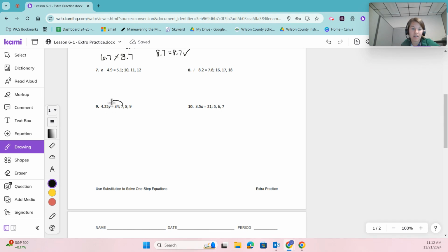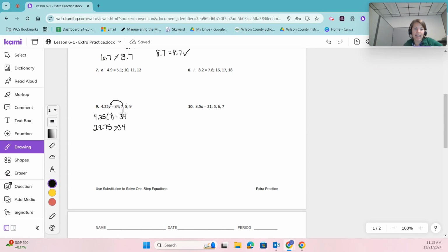So 7 substituted in for y, we're going to do 4 and 25 hundredths times 7 equals 34. 4.25 times 7 equals 29 and 75 hundredths, which equals 34? That is not correct.